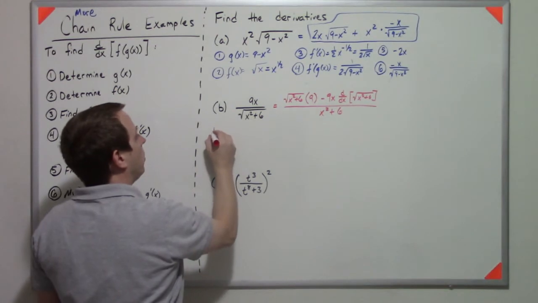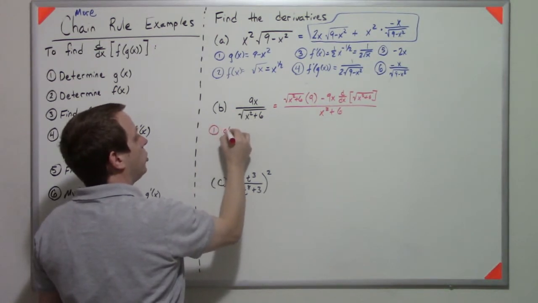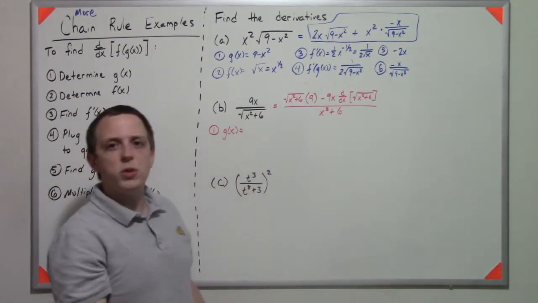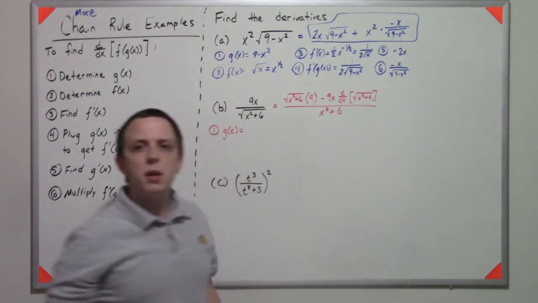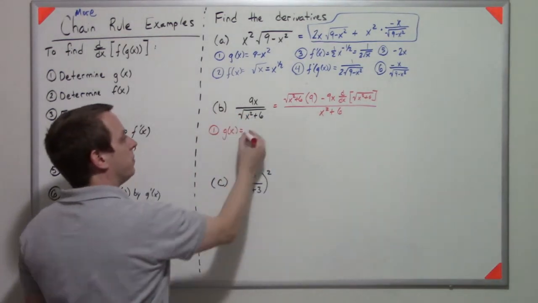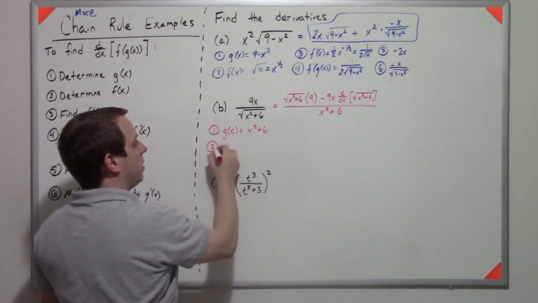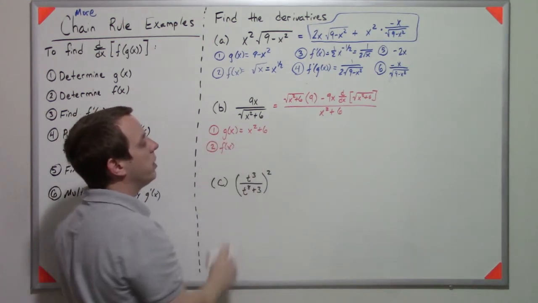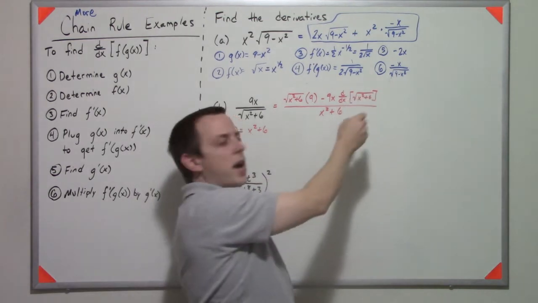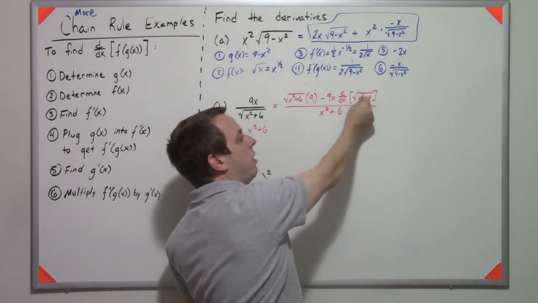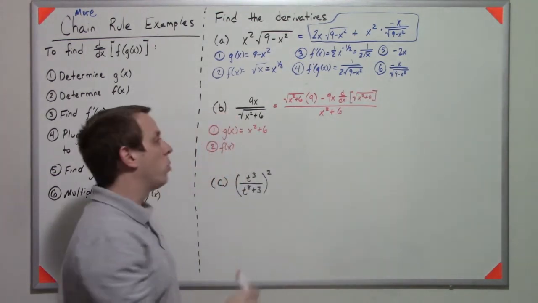So we have to set up a chain rule. What's the most inside piece? Well, that's going to be that x squared plus 6. What's our outside piece? Well, what's left over? If I squish that down to a single term, it looks like the square root of x.